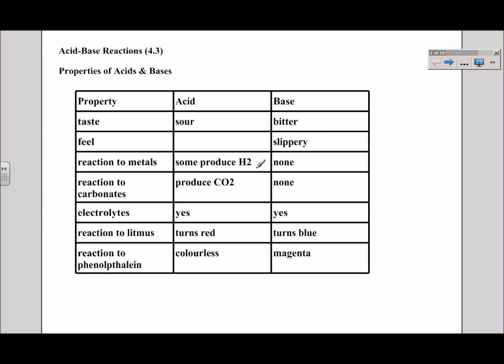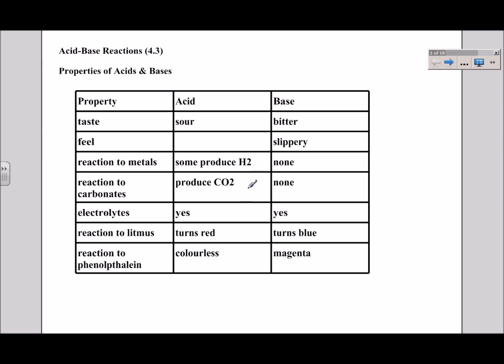Acids tend to have specific reactions to metals and to carbonates. And you've experienced both of these before. In our most recent experiment with aluminum and copper, we reviewed the activity series and the fact that some metals will react with acids, hydrochloric acid in our case, to produce hydrogen.